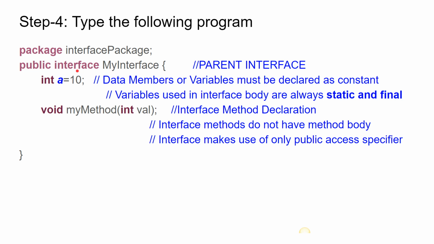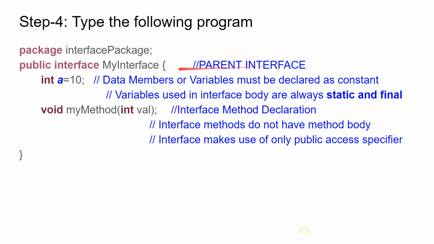And interface should be declared as public. It can only be declared as public, you cannot use private or protected. But for class we can use private, public, protected, these are the access specifiers or access modifiers.